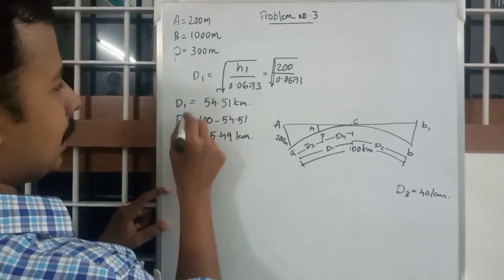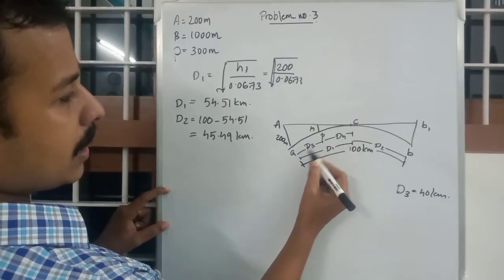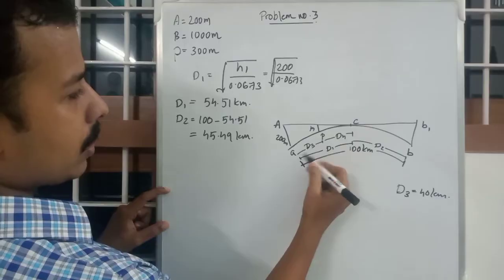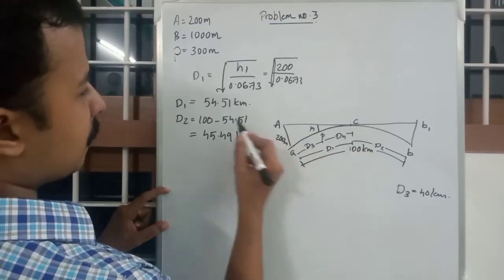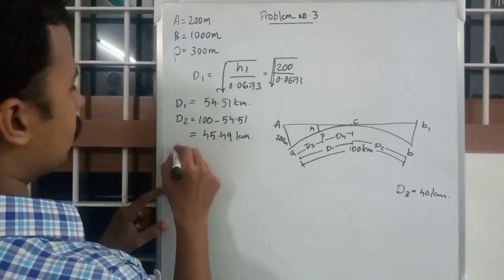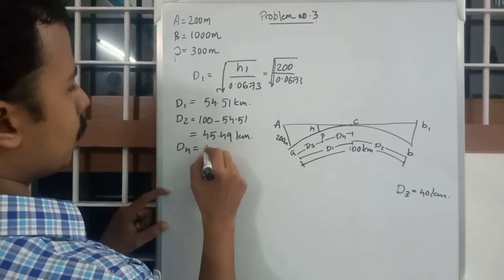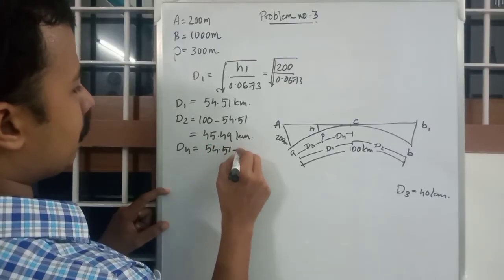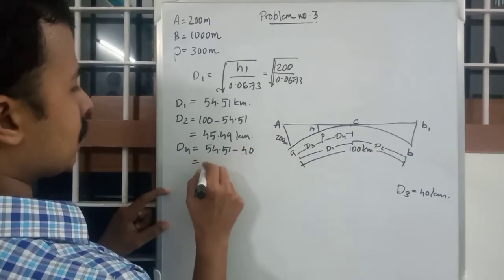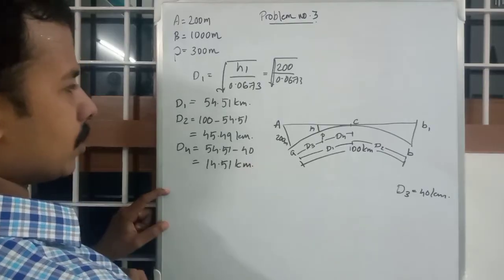And with D1 you can calculate D4. D3 is 40 kilometers and D1 is 54.51 kilometers. So D4 will be equal to 54.51 minus D3, that is 40 kilometers. It is 14.51 kilometers.